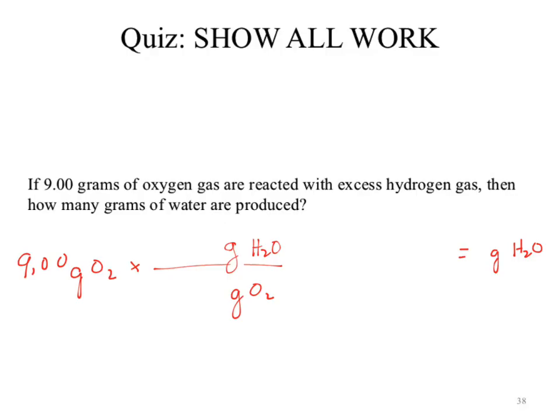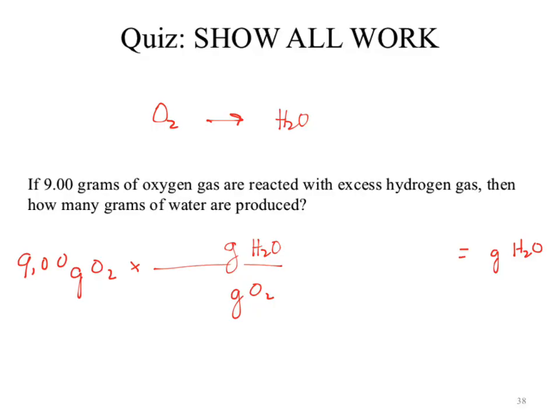So, grams of water and grams of oxygen. We can say chemical equations. I'm cool with that because that was a suggestion to use the chemical equation. So let's write out the chemical equation. To get water from O2, what would I need to do?